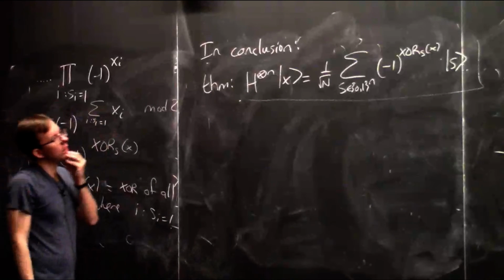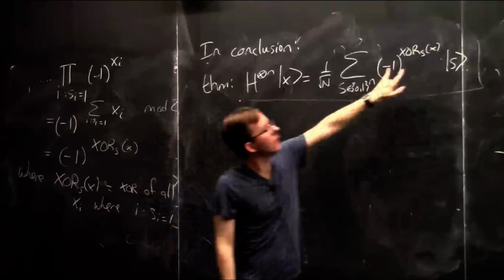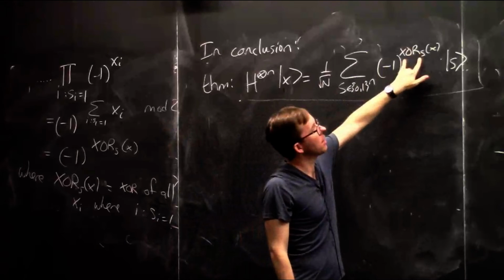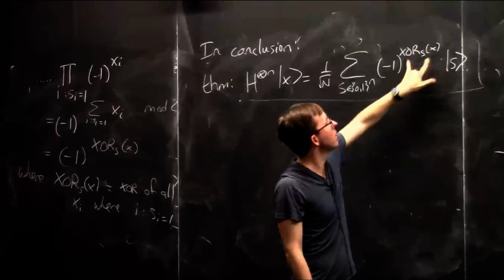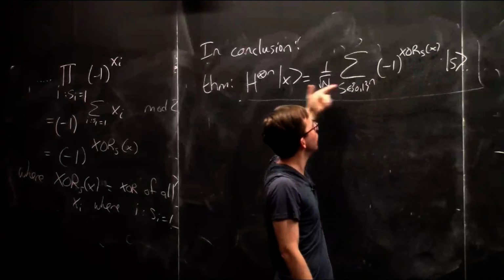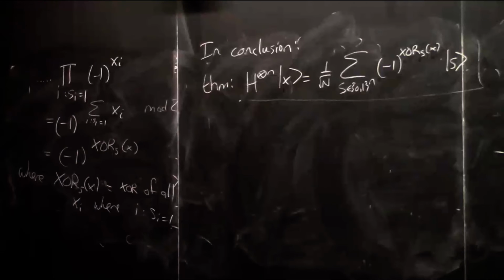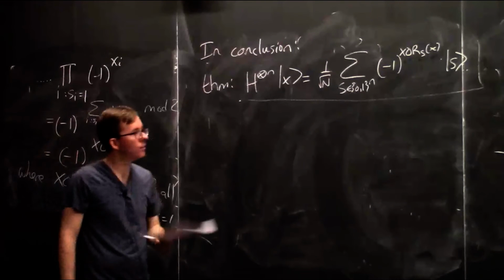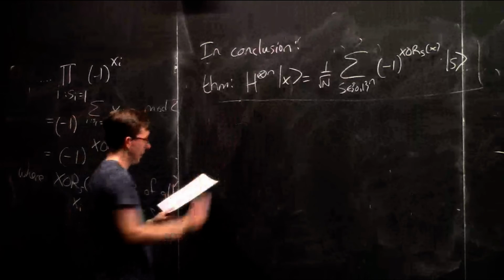You see, for example, let's say x is the string of all zeros. Then no matter what subset of bits you're XORing in the all-zero string, you get 0. So this is always 0, so this is always 1. So you just get the uniform superposition, which is one case that we already knew. So that's a formula.